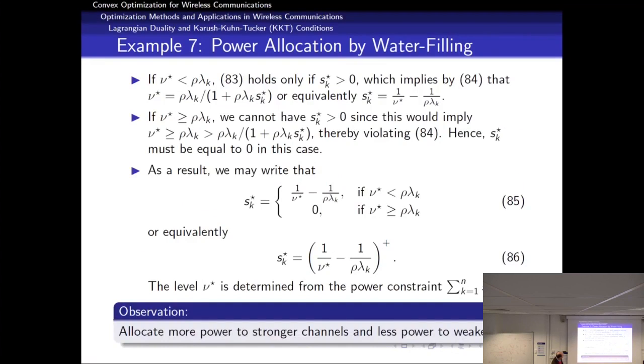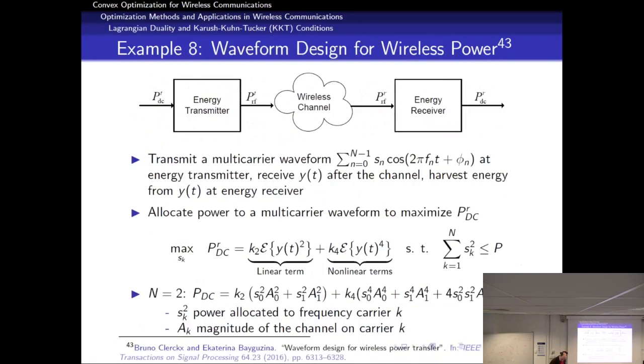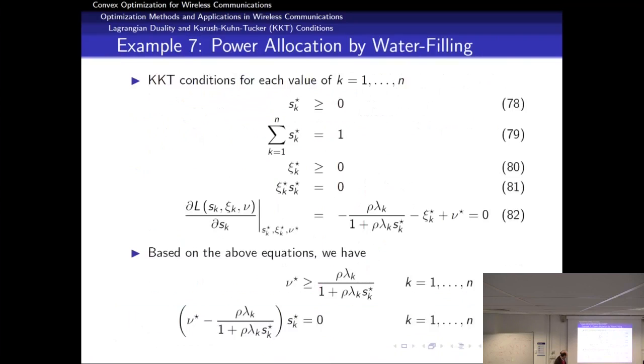So you have sk is positive, and you have from the other conditions that nu has to be equal to this. So if nu is smaller than the numerator, sorry, I'm lost here.